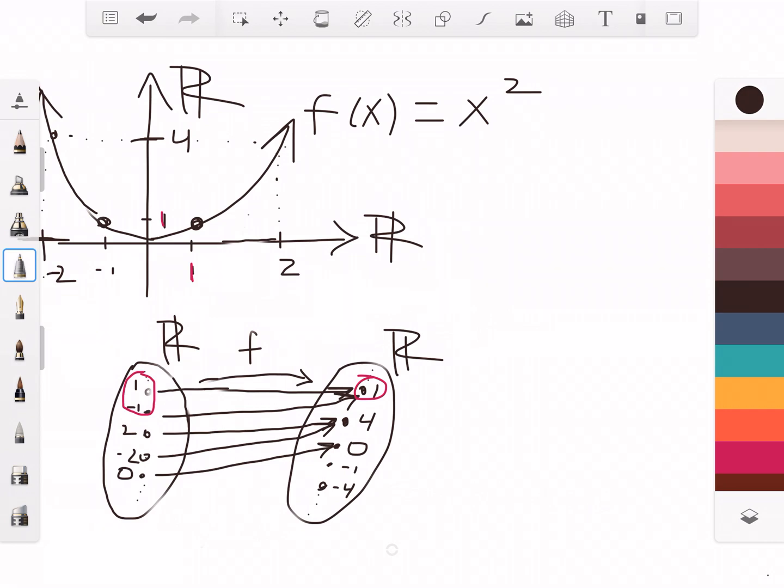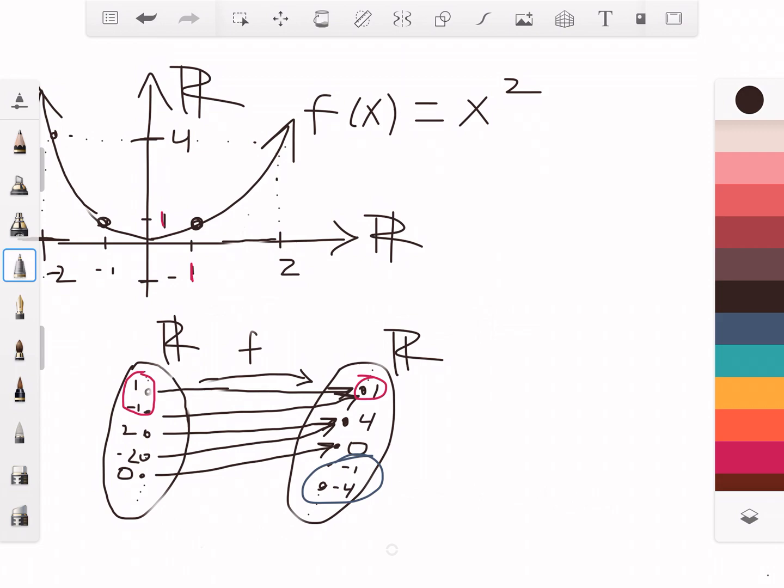Not every one of these numbers, and also none of the negatives have anything that comes over to them. There's just nothing that comes over to them, and we see that here if you go into the negative.